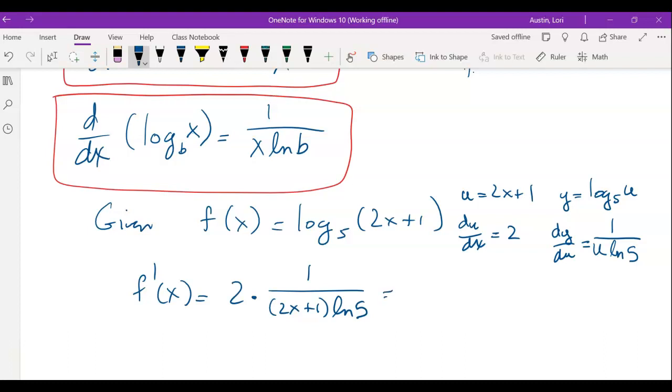I would clean it up and just write it like this. There you go. That's it.